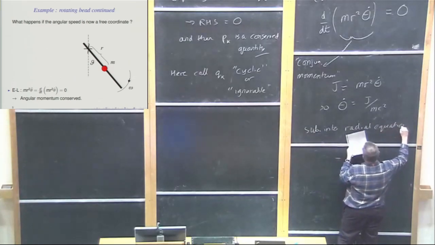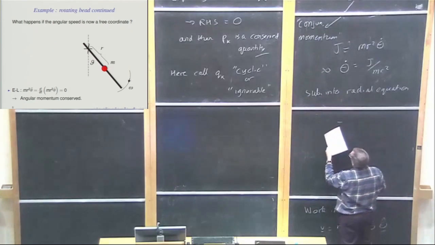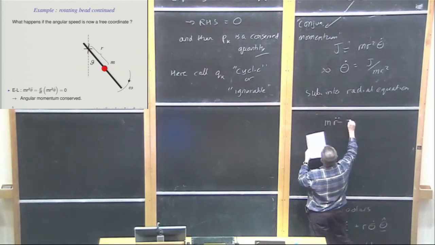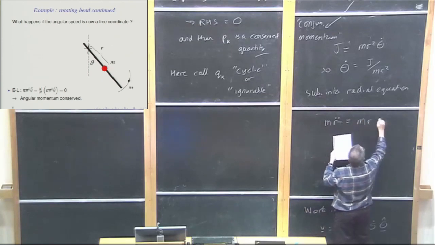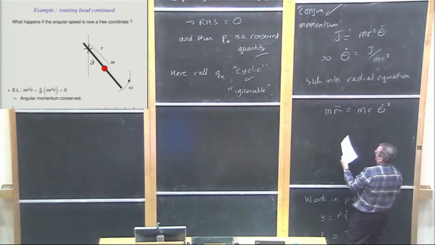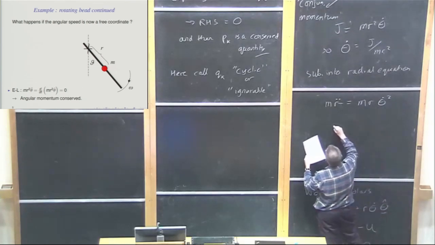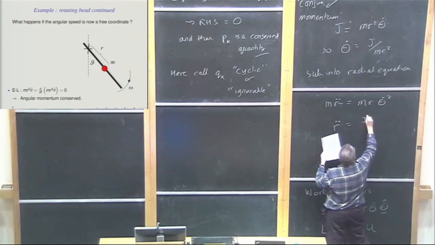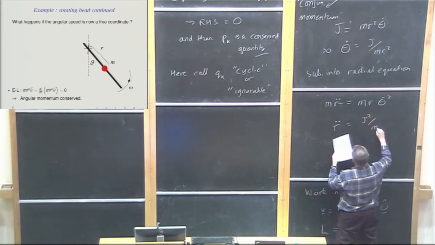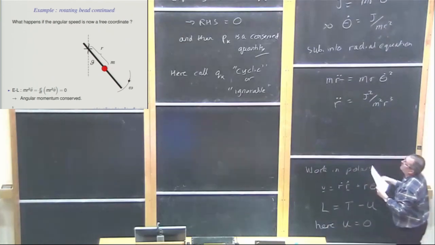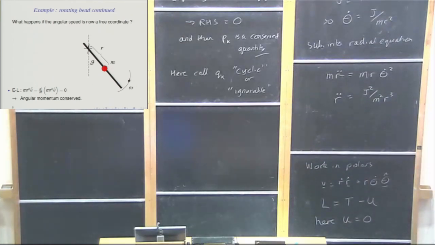If we had that m r̈ is equal to m r θ̇², then putting this in, we see that r̈ is equal to J² over m² r³. So we see that very quickly and rather elegantly, we've learned quite a bit.